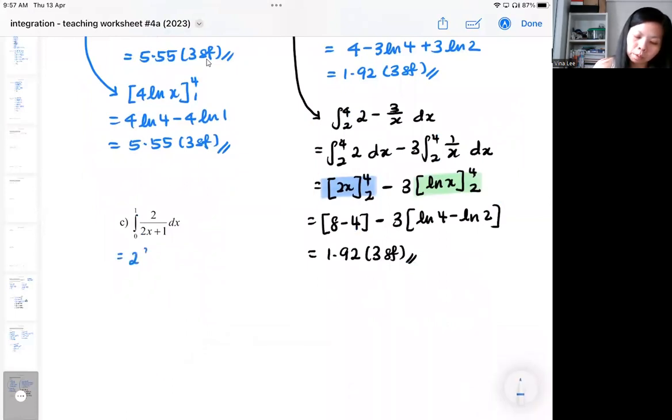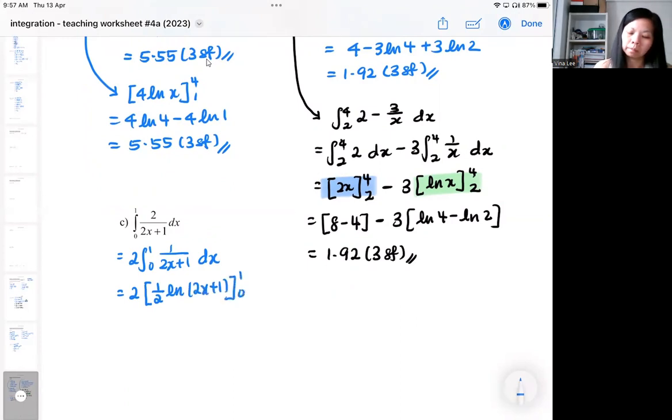So this one you can pull out first, because the condition of the formula will need the numerator to be 1. So you can do that. Then you got a 1 over 2 ln 2x plus 1. You can multiply in the 2, you can bring out the half.